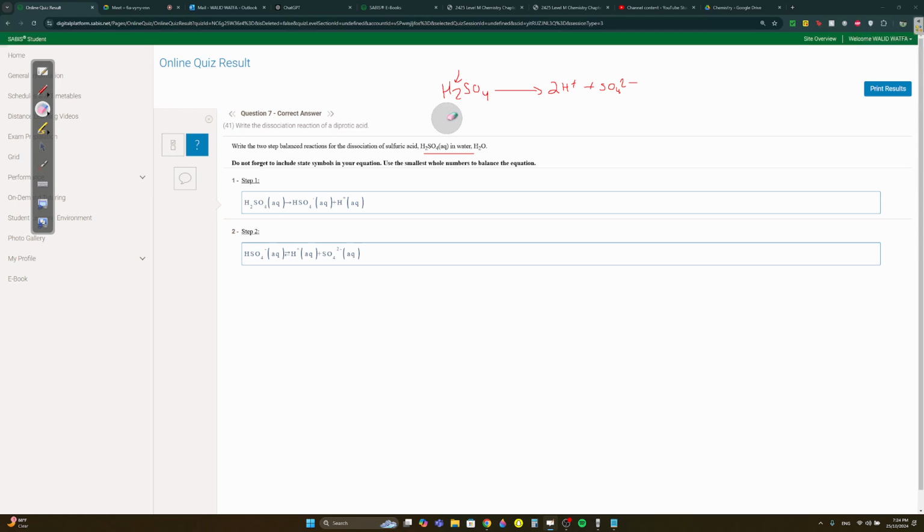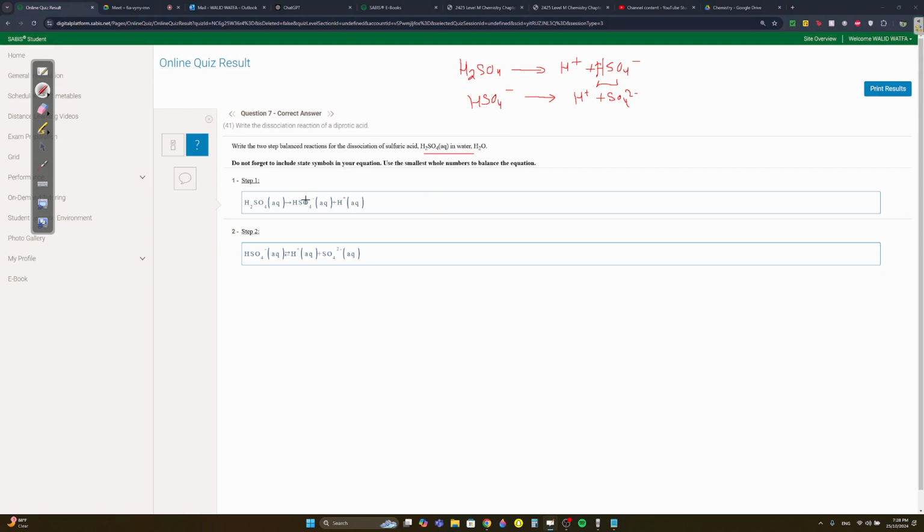But for simpler matter, to make things easier, we just say to get 2H plus and SO4. We just write it like this. But actually, there's two steps. Each dissociation accounts for one hydrogen atom. So when H2SO4 dissociates, the first time it's 1 H plus and then HSO4 minus. The second time this will be dissociating, it will be like this: H plus and SO4 2 minus.